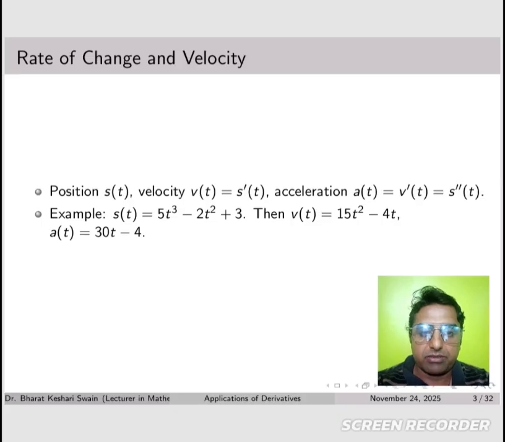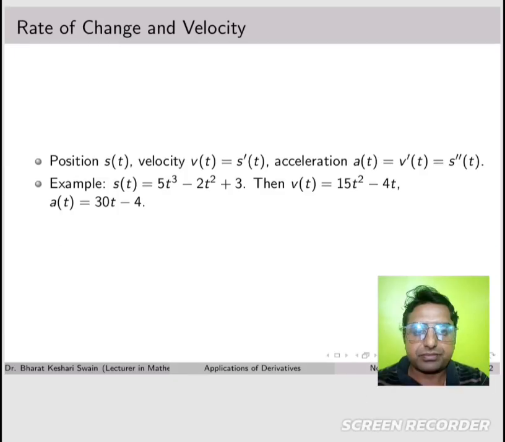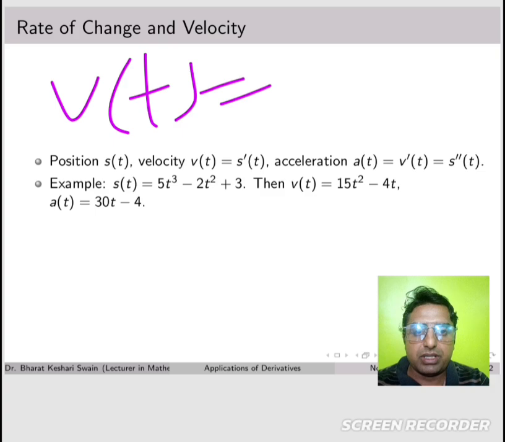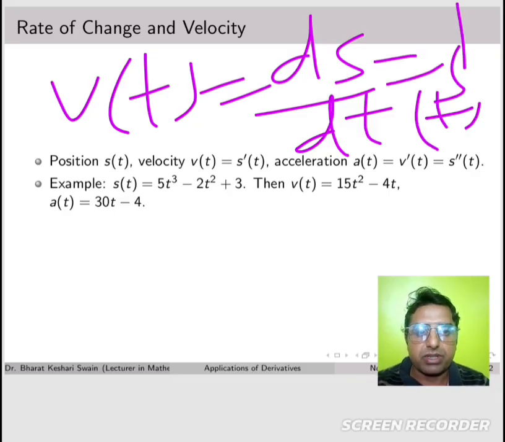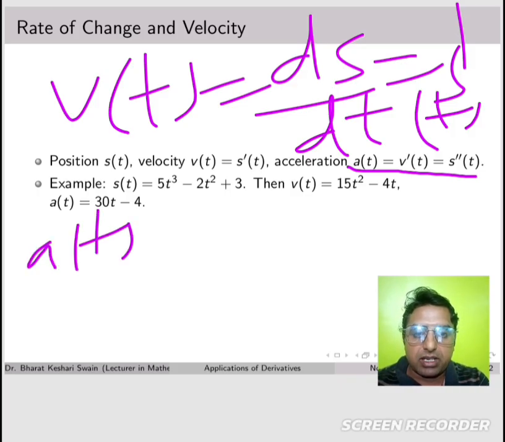So v of t is ds by dt, denoted by s dash of t. Similarly, acceleration a of t is the rate of change of velocity, and this is a vector also. It is d by dt of v.